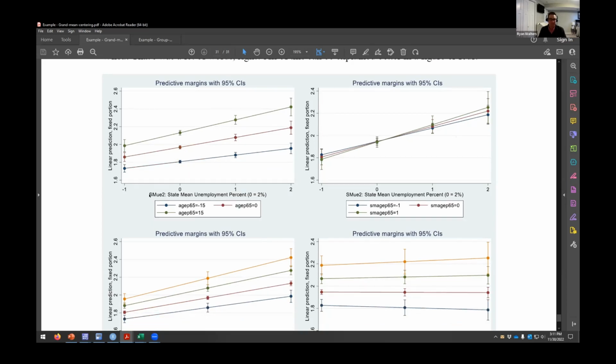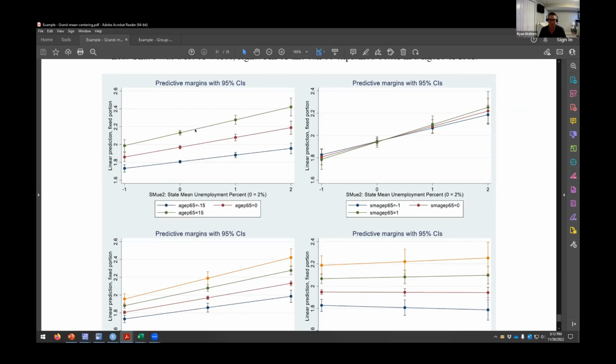So here we have the effect of unemployment stratified by age. Again, age P65 of 0 is 65, negative 15 would be a 50-year-old, positive 15 would be an 80-year-old. So you can see that in older patients, the effect of unemployment is actually larger, a steeper slope.